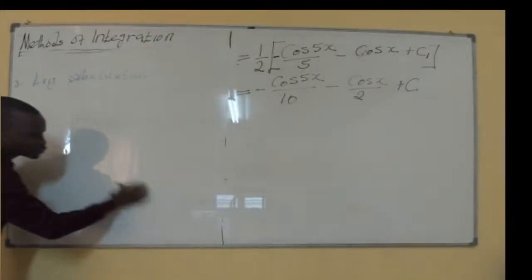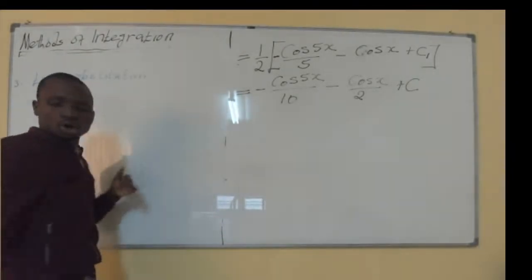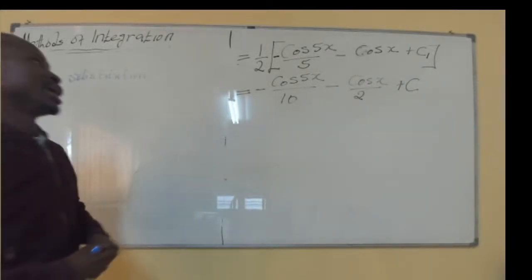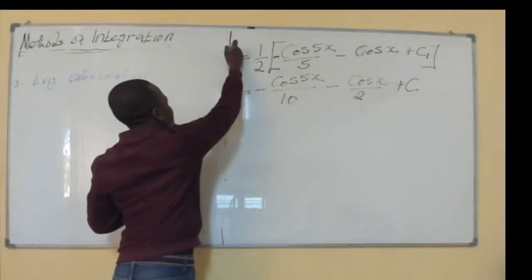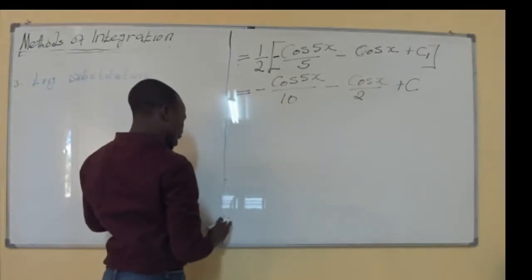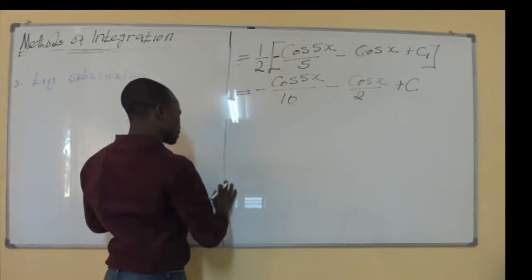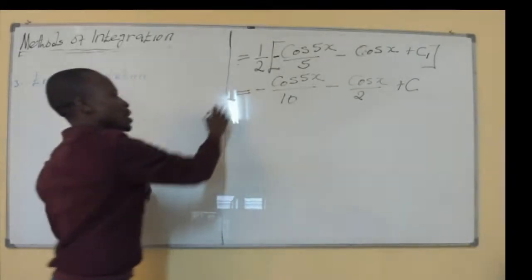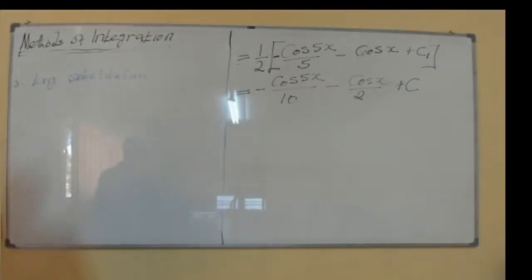So there are some questions where you try to use the trigonometric identities, and it will not work. You try to use the algebraic substitution, it doesn't work as well.